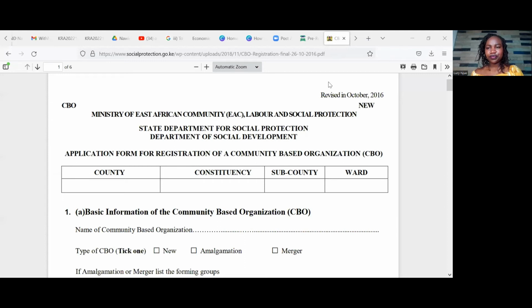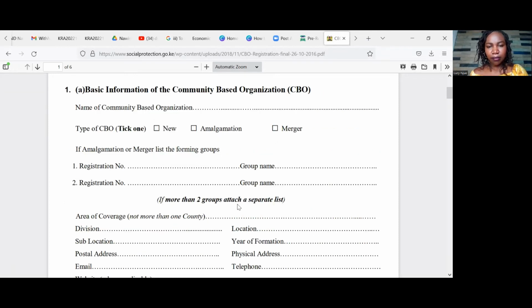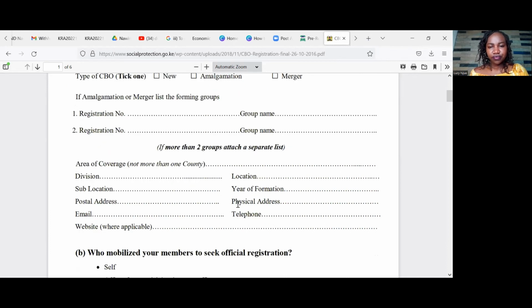Section 1 is the basic information of the community-based organization. They want to know the name of the organization, or basically the name you have given it. And if it's a matter, like I mentioned, of registered groups, then you write the registration numbers of these various groups. They say if there are more than 2 groups, you can attach a separate list.